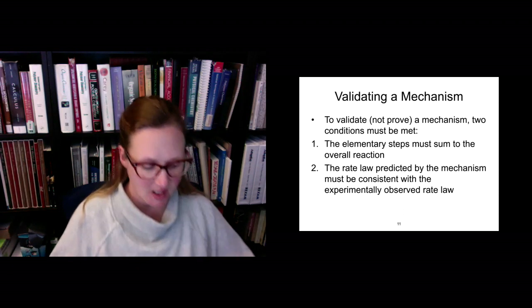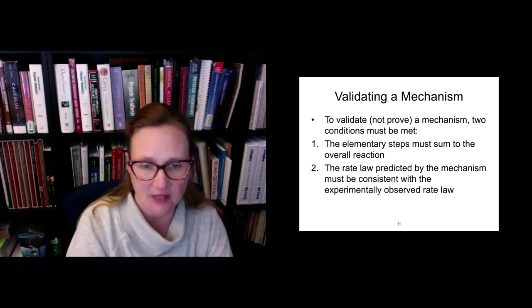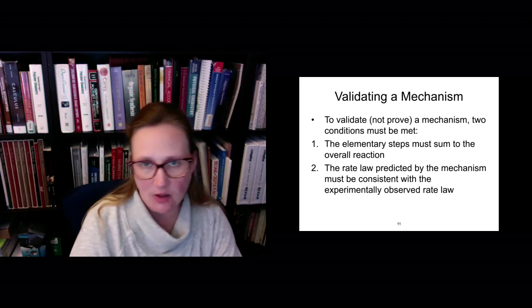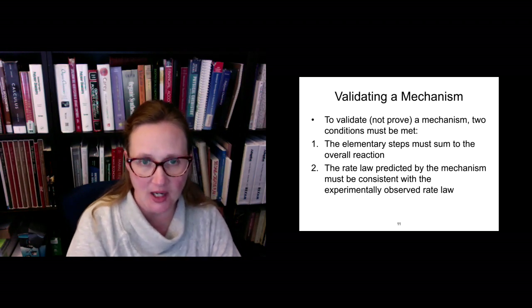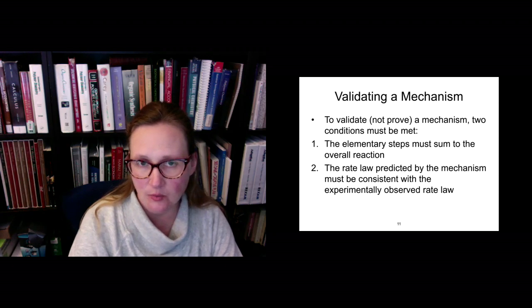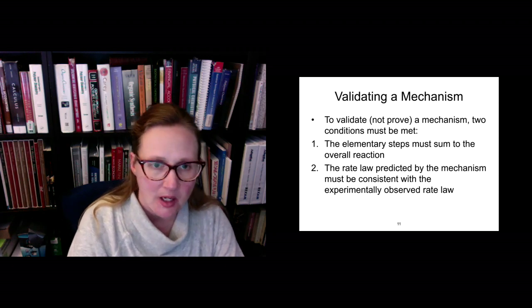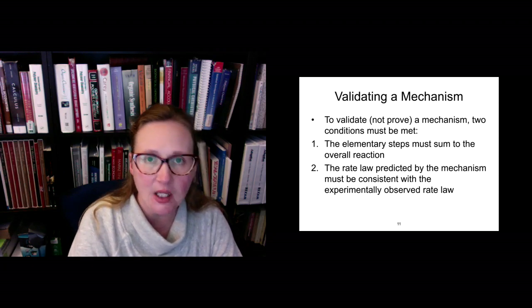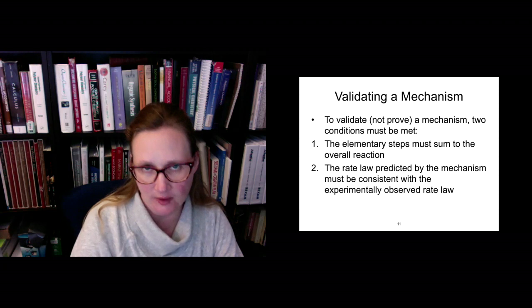All right, so now we're getting into the part where we can validate a mechanism. So we have a rate law that we've determined for an overall reaction. And so we want to propose a mechanism. And once we propose a mechanism, we need to validate that mechanism. And so importantly, we're validating, not proving, right?